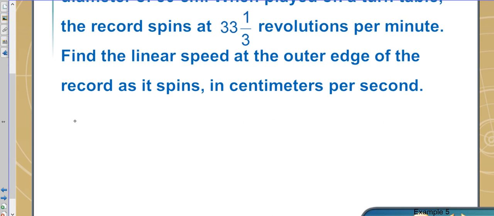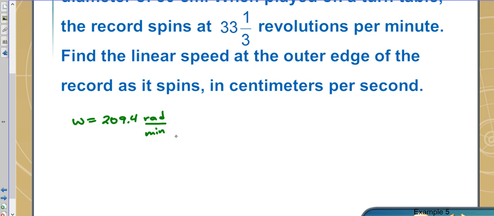So remember we had that w equals 209.4 radians per minute. If I wanted to get rid of the minutes and find how fast this is spinning per second, I would divide the value by 60, because I want to shrink it down to seconds, and it'd be a smaller number.